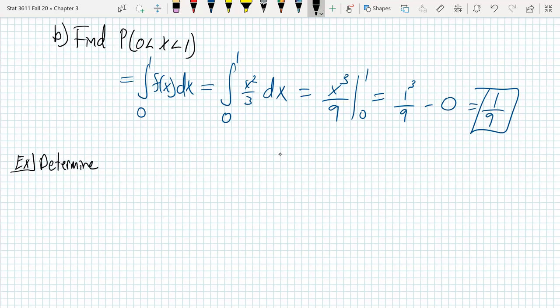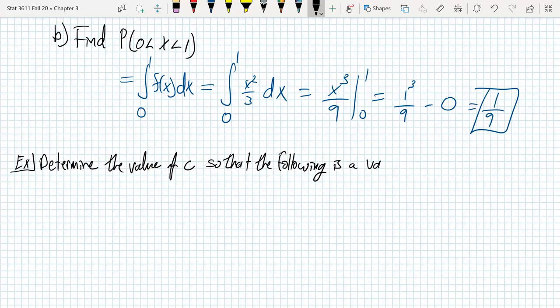Let's determine the value of C needed so that the following is a valid PDF. And actually, we might get this type of question in the discrete case too, but instead of integrating, we would just add things up, right?